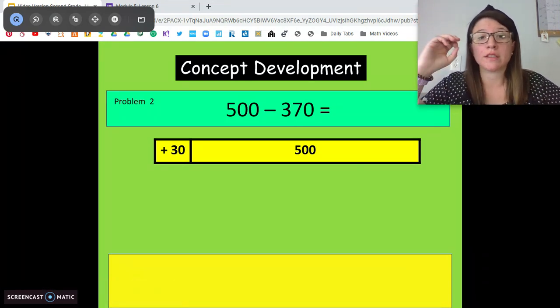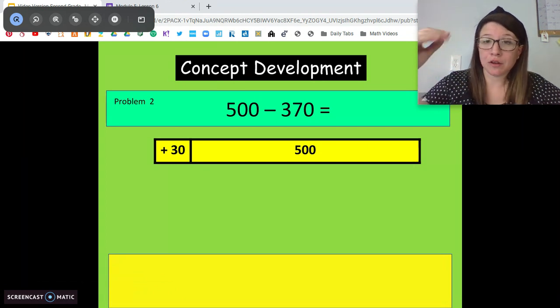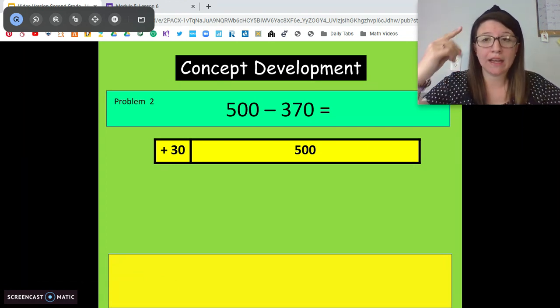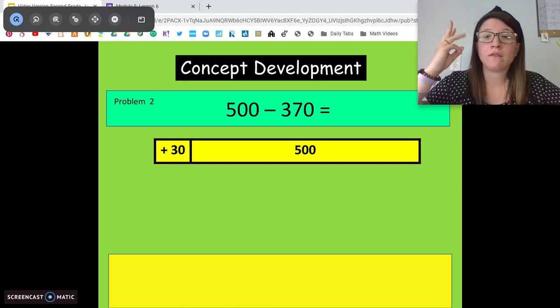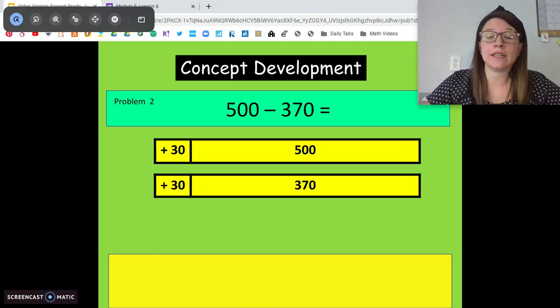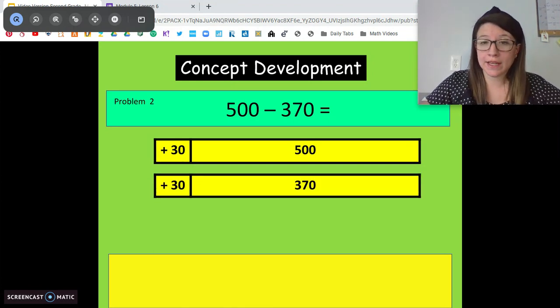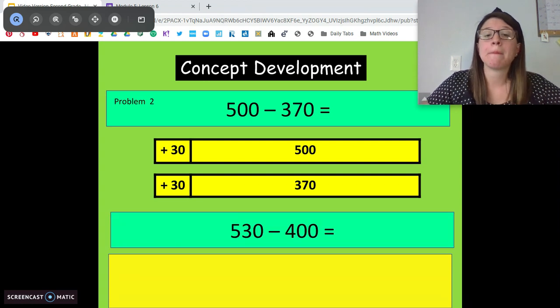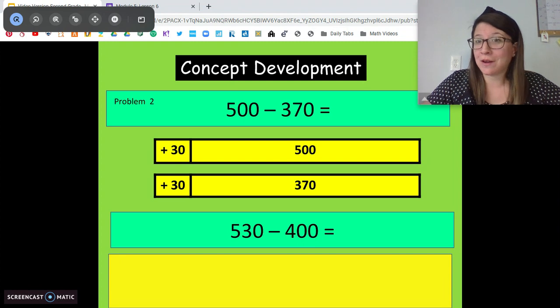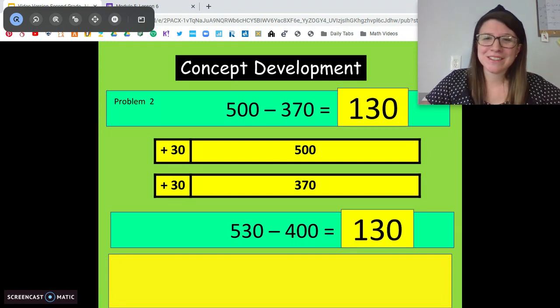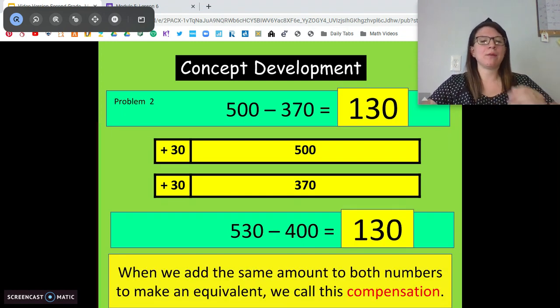To make it easier for us to subtract. So that's going to be adding 30. 370, 380, 390, 400. So we're going to add 30 to each of our numbers. So we're going to get 530 minus 400, which is going to give us an easy round number of 130. Awesome job.